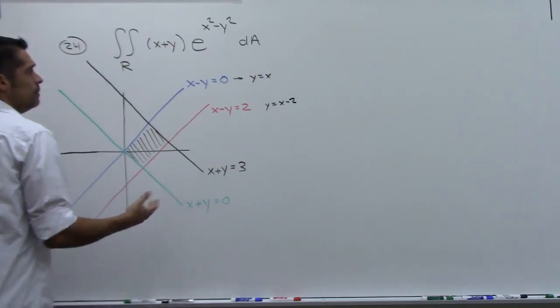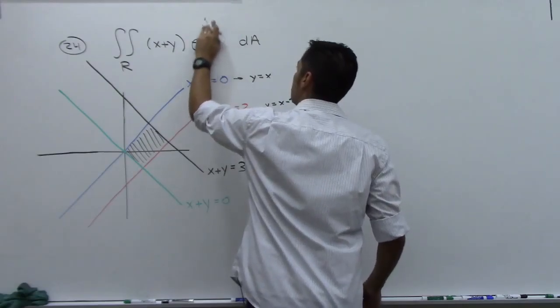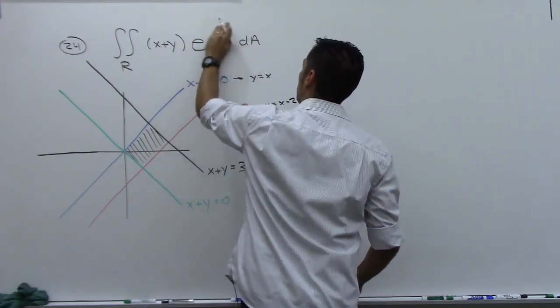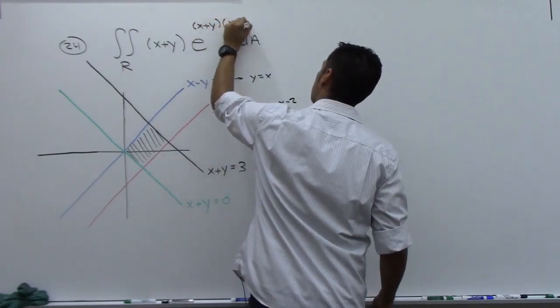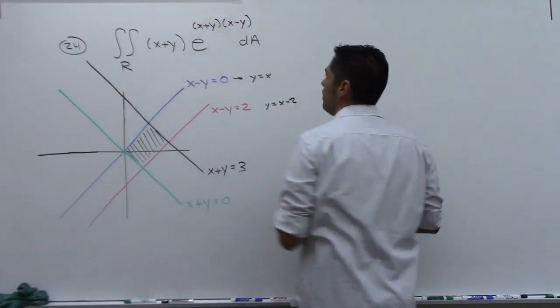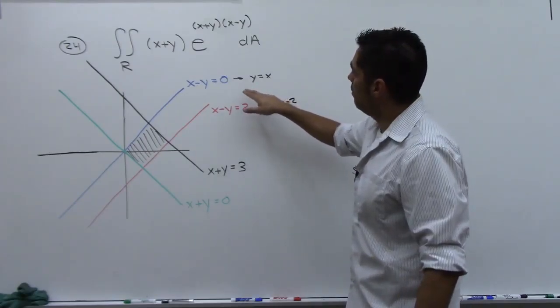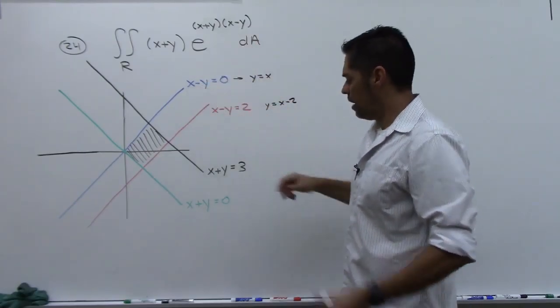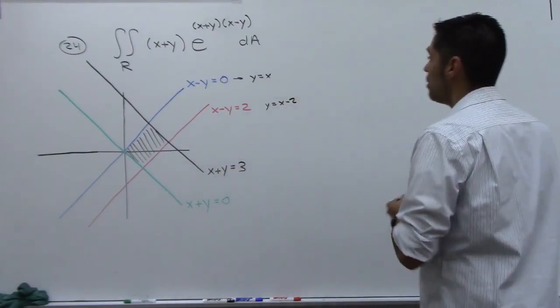And then if you take the difference of squares here, remember x squared minus y squared is the same as x plus y times x minus y. So maybe x minus y would be a good candidate for a transformation. And notice x minus y appears here also.